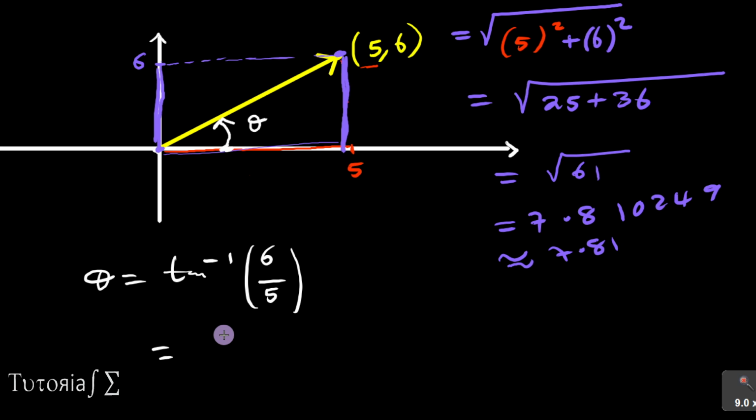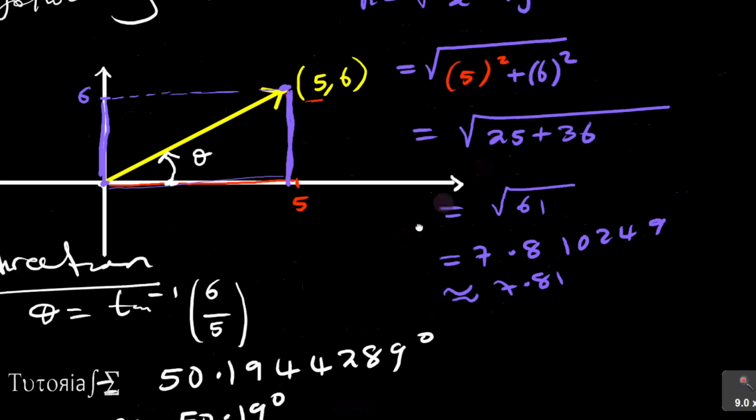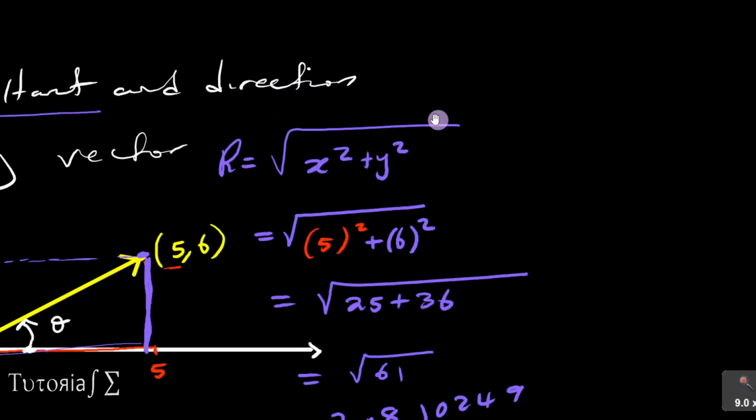Yeah, so make sure that your calculator is in degrees, and this gives us 50.19442 degrees, which approximates to 50.19 degrees. And that will be the direction. So that will be our direction, and that will be our resultant force.